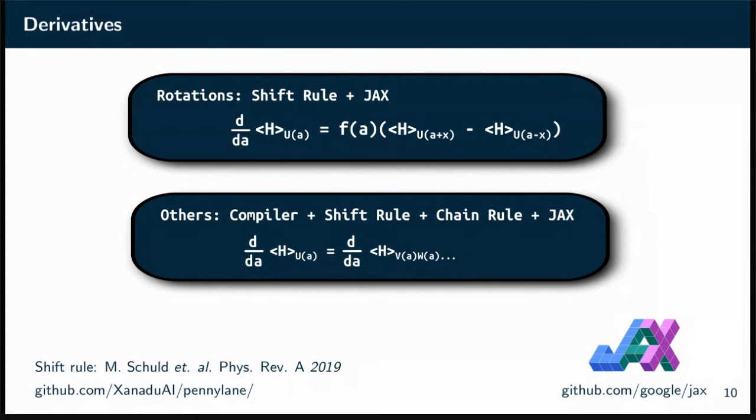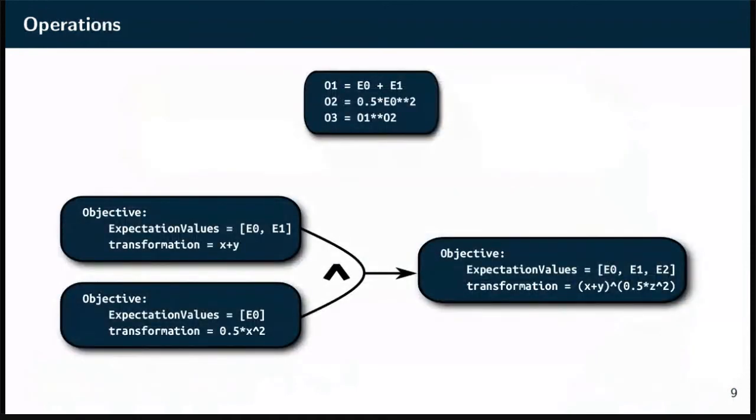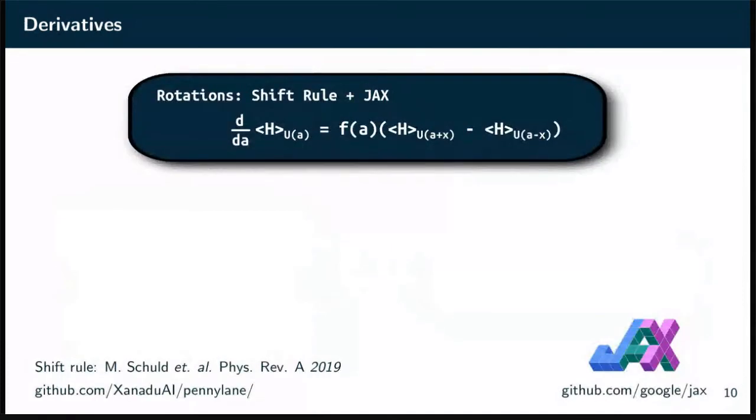And we're using JAX for this, which is automatic differentiation software by Google. JAX comes into play, for example, with those transformations, because they can also depend on the parameters directly or indirectly. And then with JAX, we can compile the derivative of those transformations and give you back the corresponding objectives when you call gradient.